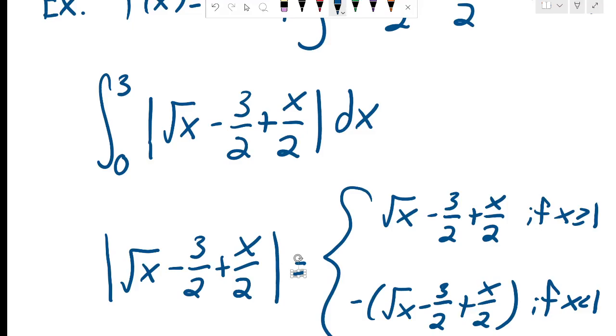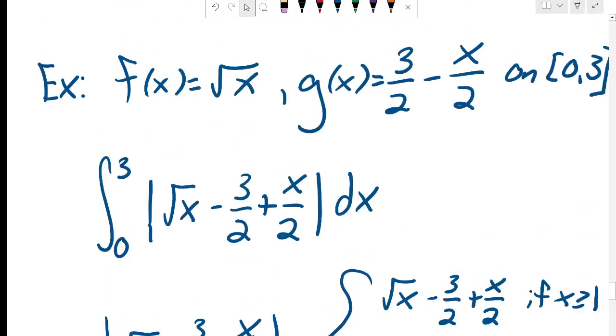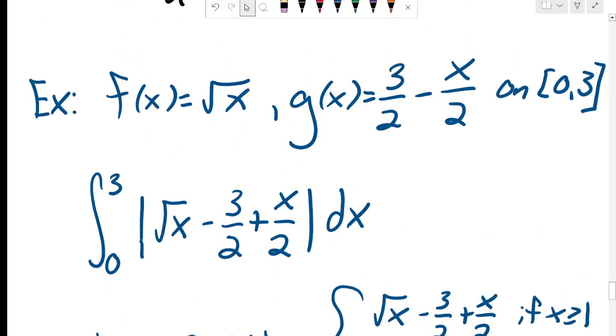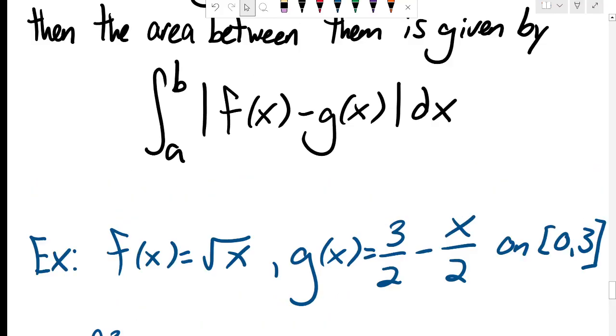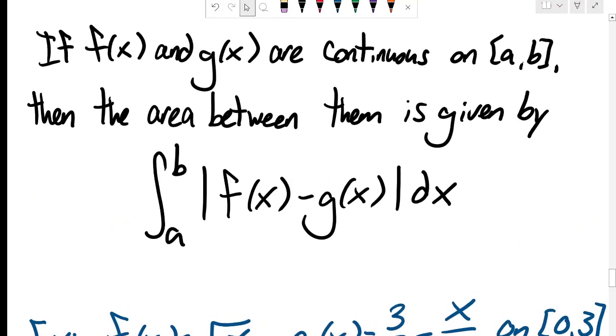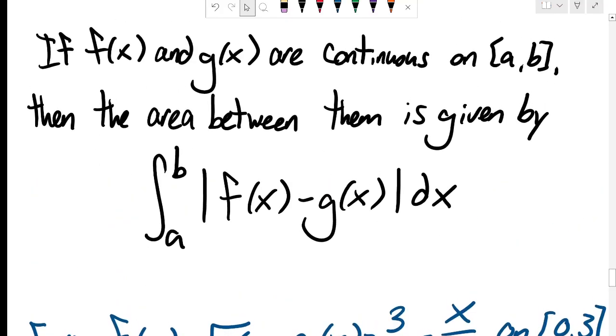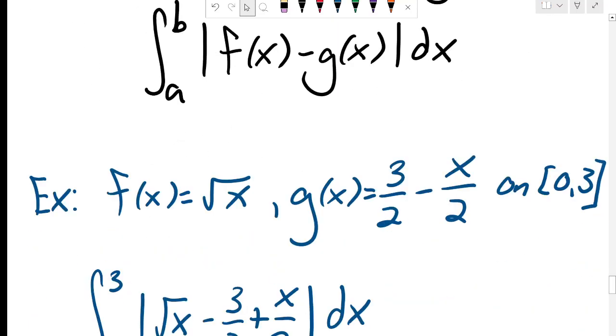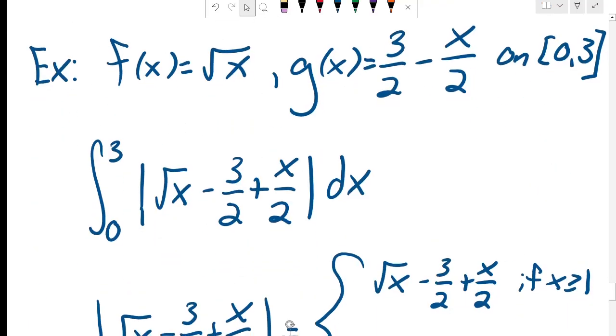Now we can't always do that, of course. We might not have a graphing utility, but that makes it a little bit easier just to visually see which is the larger function rather than having to test it manually. And it'll help you to find that transition point.